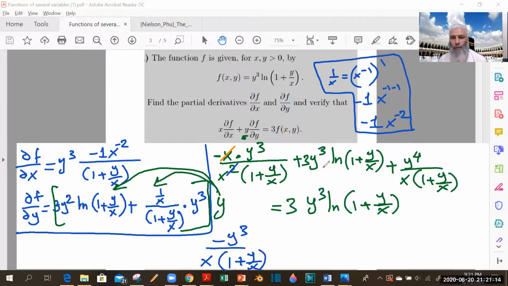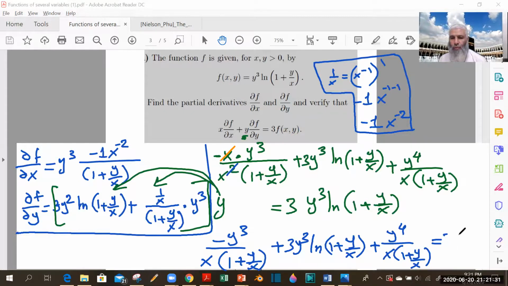And here we have plus 3y cubed ln(1 + y/x). Plus this part is y to the power 4 over x, one over y over x, equals 3y cubed ln(1 + y/x).